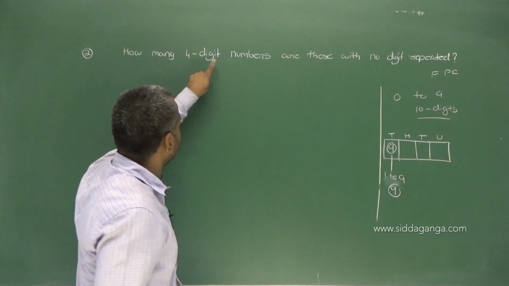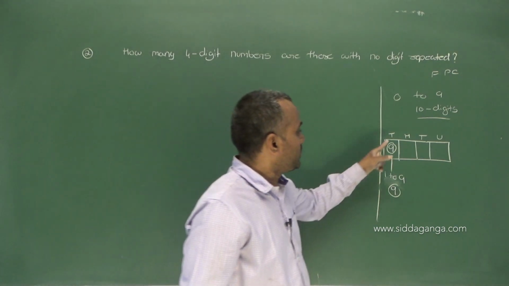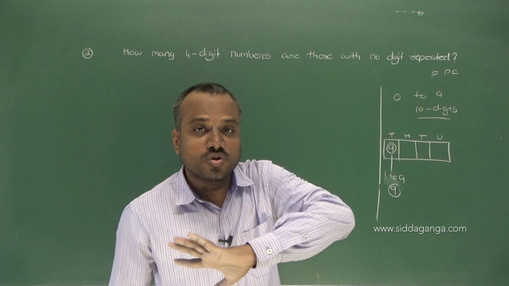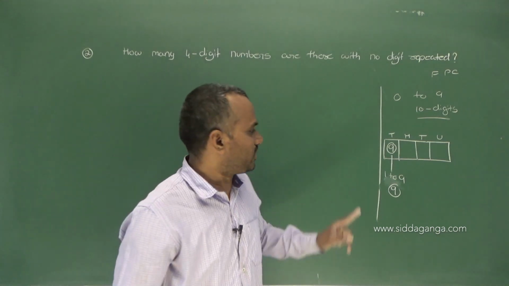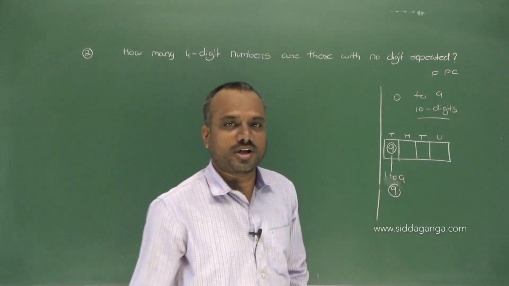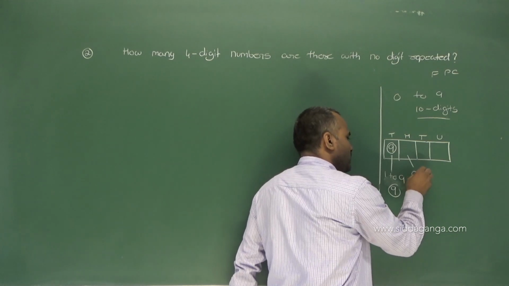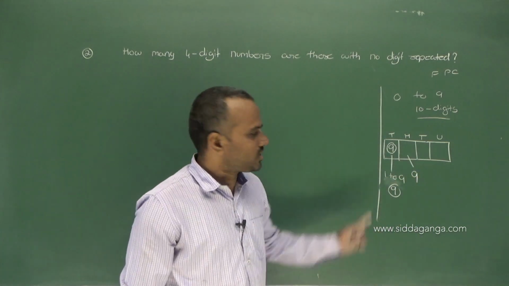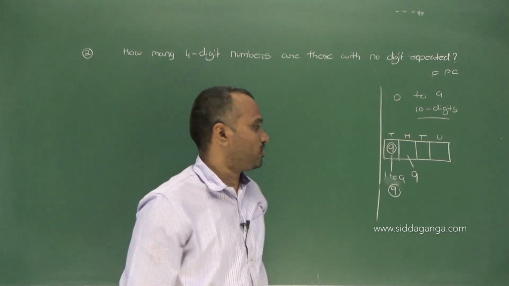He asked for a 4-digit number, so in the thousands place 0 never comes. That's why we fill the thousands place with 1 to 9. Now we can use 0, so the hundreds place can be filled in 9 ways, because repetition is not allowed.